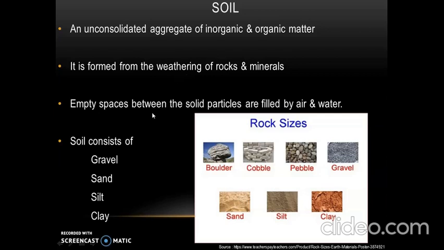And the empty spaces between the solid particles are filled by air and water. So soil is a combination of solid particles, air and water. And this soil consists of gravel, sand, silt and clay.